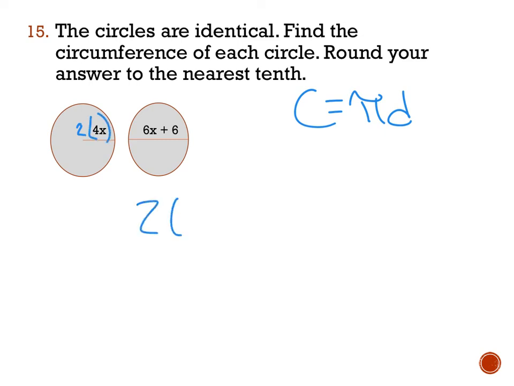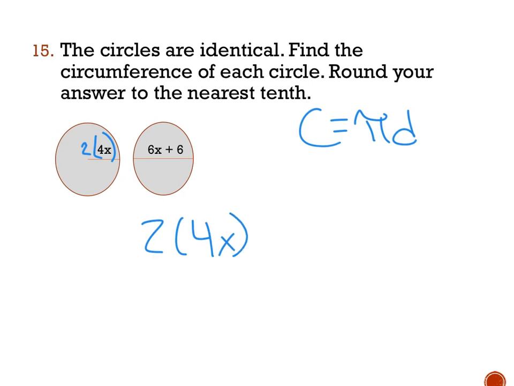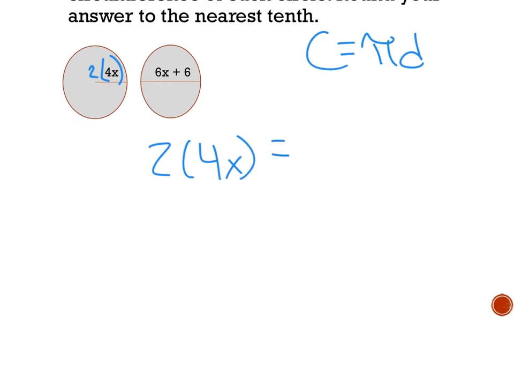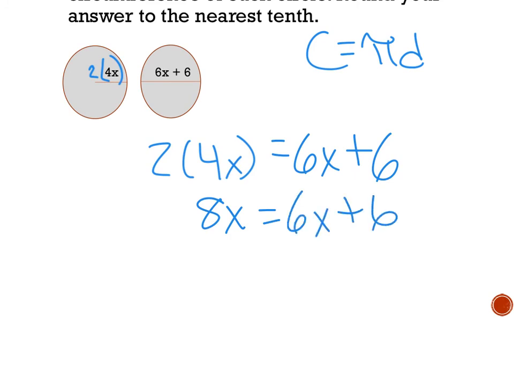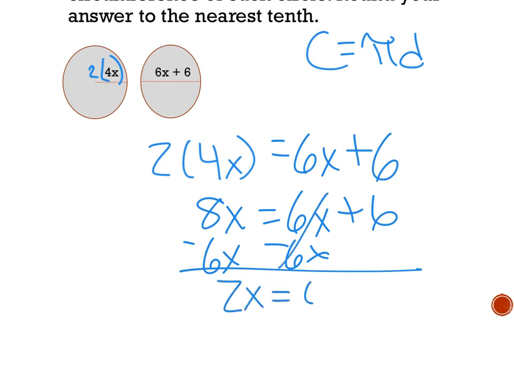So it'd be 2 times 4x equals 6x plus 6. So that's going to give you 8x equals 6x plus 6. Subtract. Gives you 2x equals 6. Divide by 2, and x equals 3.